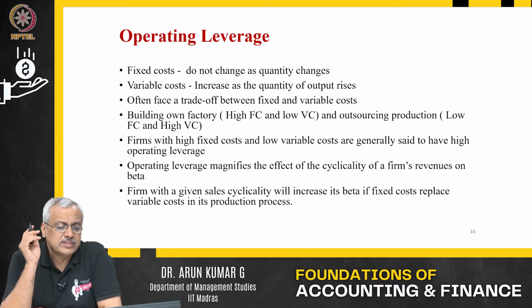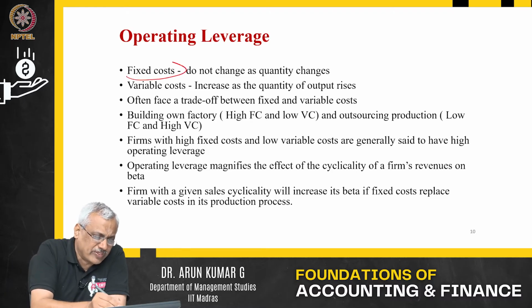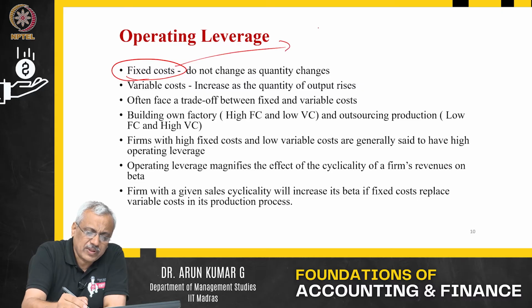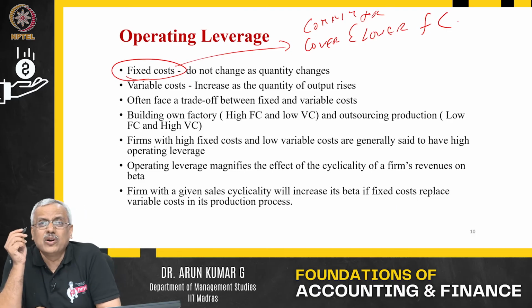Now, what is operating leverage? We know that fixed costs don't change, while variable cost increases with the level of output. Often you face a trade-off between fixed and variable cost. As volume increases, the idea of any business is to commit to lower and lower fixed cost. Why lower and lower fixed cost?